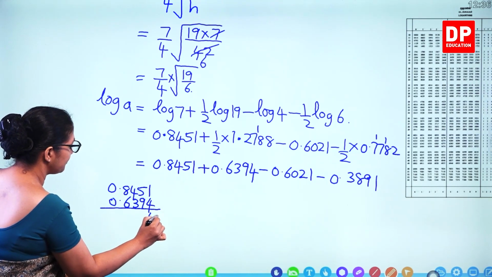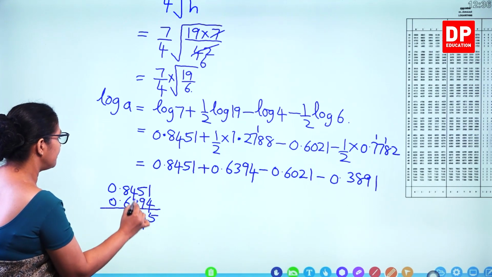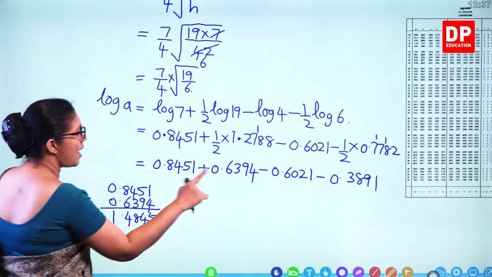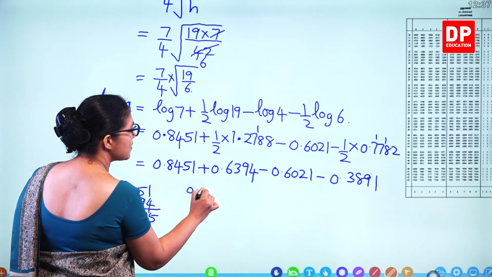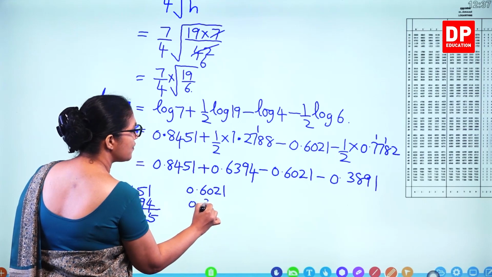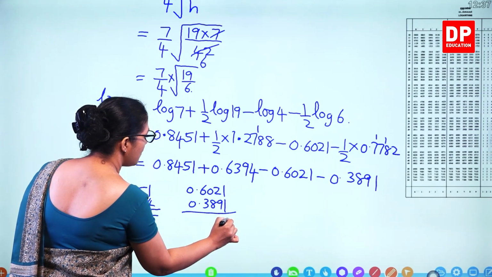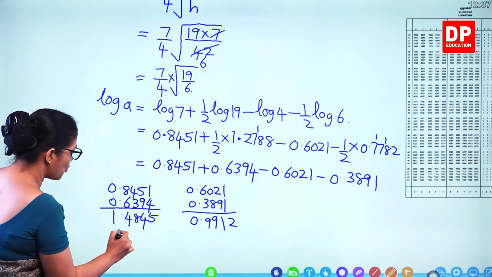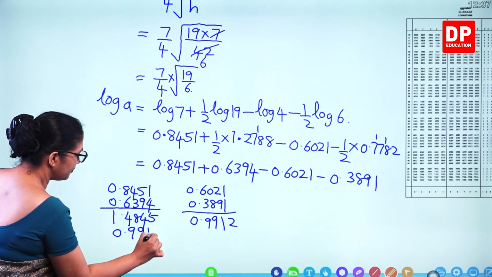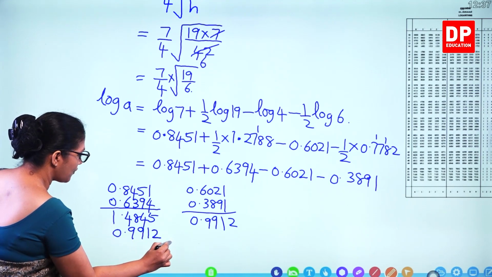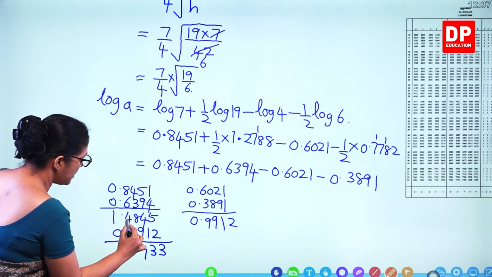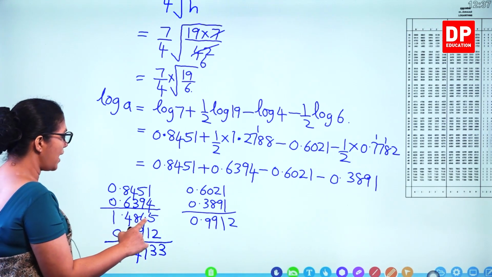Add the negative ones, that's 0.6021, 0.3891. Now subtract these two, you get 0.4933.